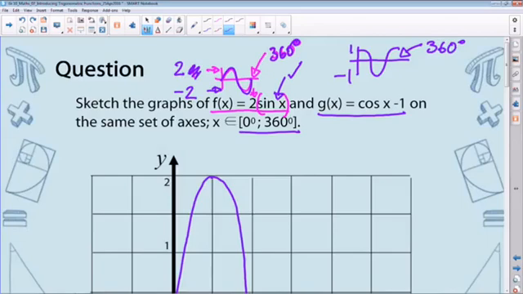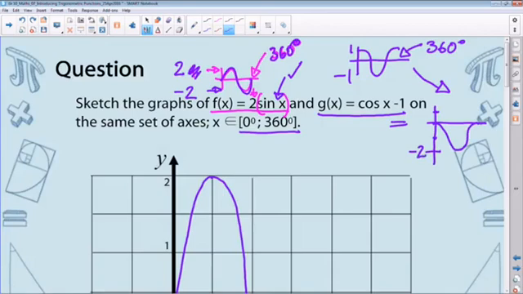But this one is moved down one space. So we're going to change the parent function by just moving it down by 1 unit. So instead of starting at 1, we're going to start at 0. And instead of going down to -1, we're going to go down to -2.